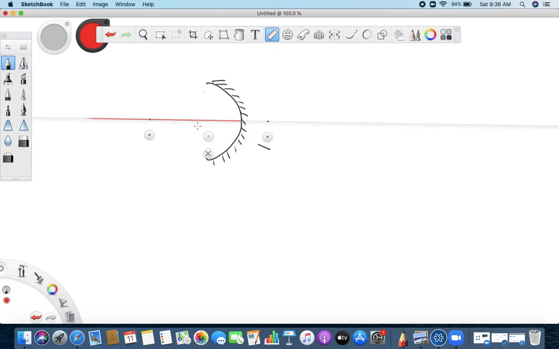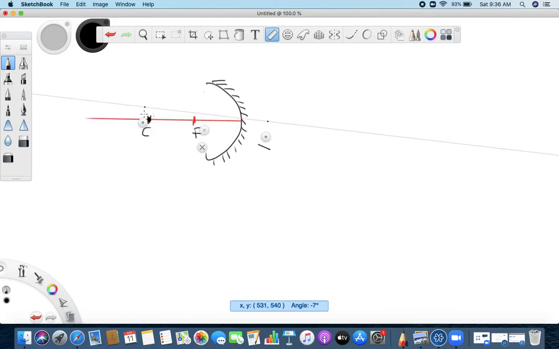Now, the second point is the reverse way: if your line passes from principal focus, then after reflection it will become, so let me show you.